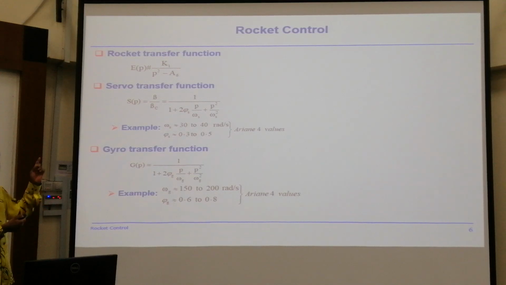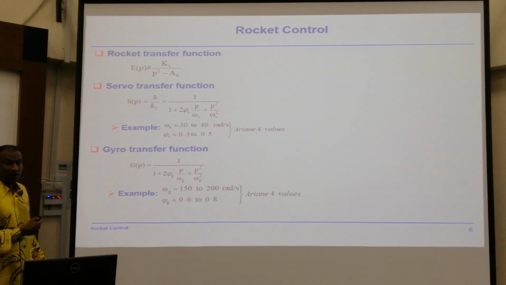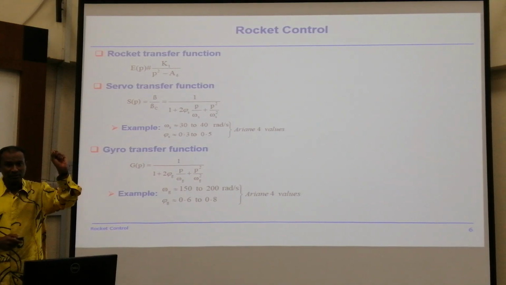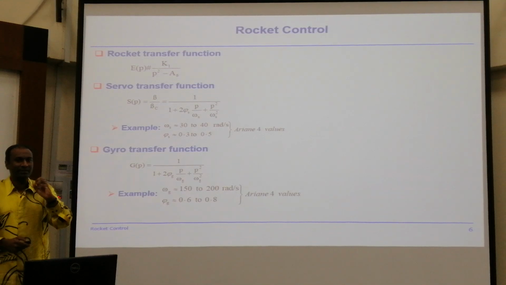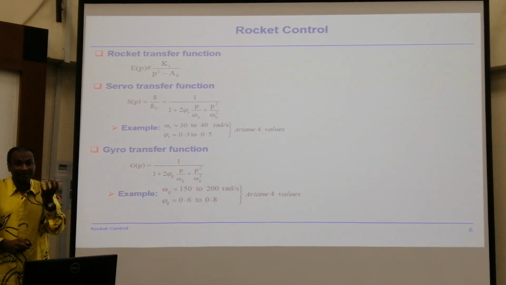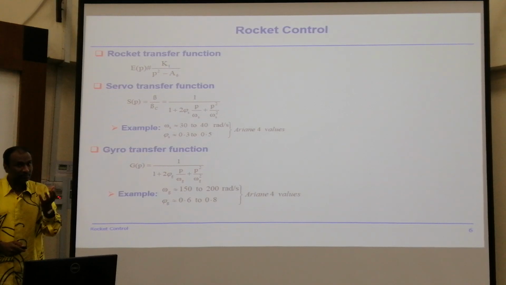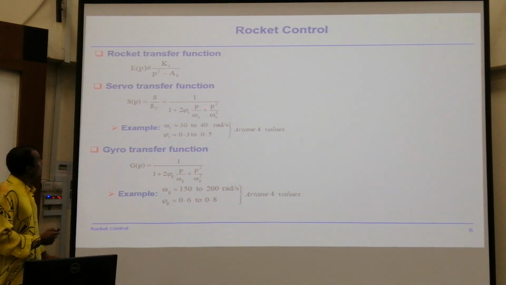This I picked up from just now. Remember how we got this? We got this from when we started writing the equations. We wrote the force equation, we deduced the equation, and we simplified that. Finally, we got the actual dynamics of the rocket, and we have ensured that the dynamics of it is in stable form. Okay, this is important.